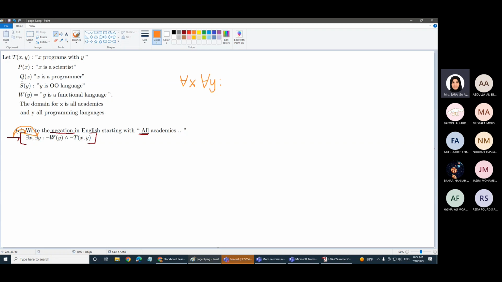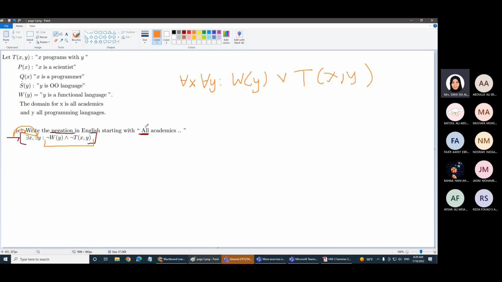Second step, the negation of the statement itself. لا تنسون هذه النقطة. فبتصير عندي هنا WY negation مالت not W بتصير W والand بتصير oring not TX بتصير TX Y.